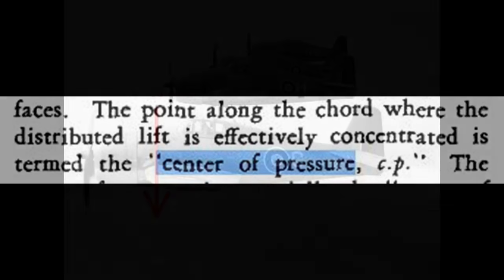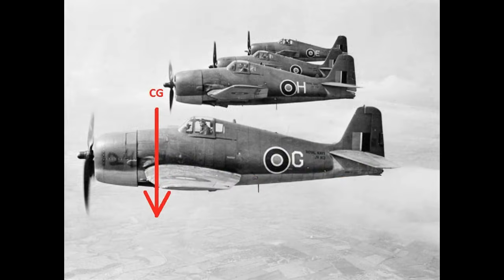Back to our Hellcat. Let's put in an arrow that represents the center of gravity's location. It's not exact. We're covering principles here, not doing weight and balance math on a Hellcat. Now, the center of gravity is affected by fuel load, ammo load, external stores, the pilot's weight, and anything else someone might put into the plane, life raft or whatever.